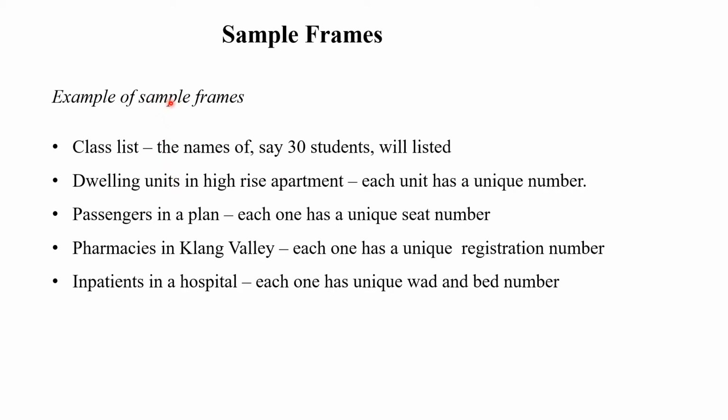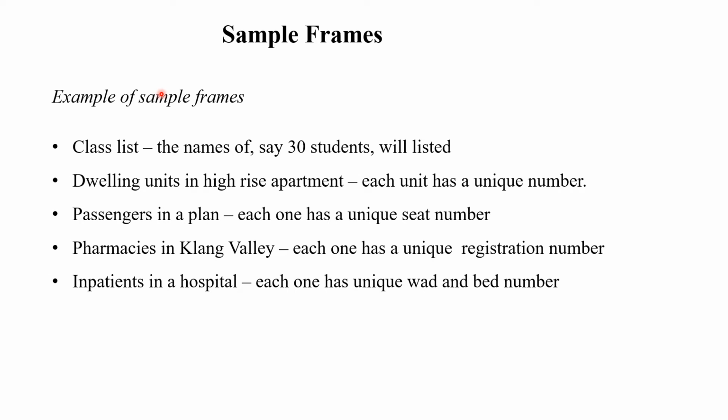That becomes a sample frame. Inpatients in a hospital. Each one has a unique ward and a unique bed. For example, Ward 5, bed number 6. Ward 8, bed number 10. So each patient has a unique ward and bed number. So these are some examples of sample frames.